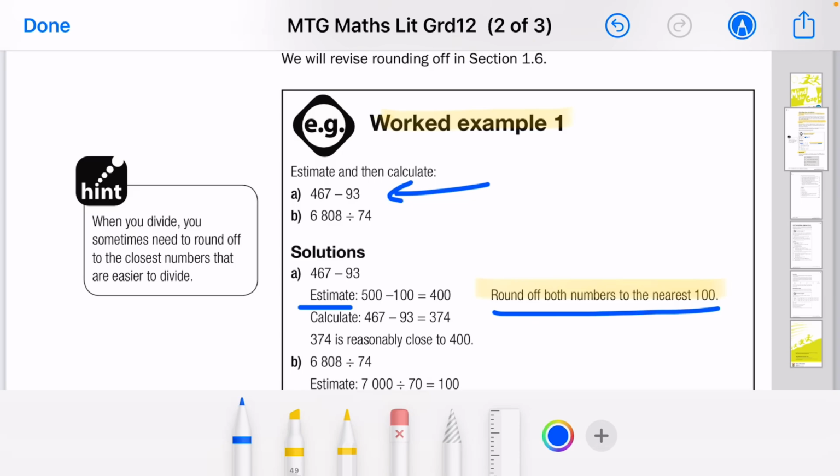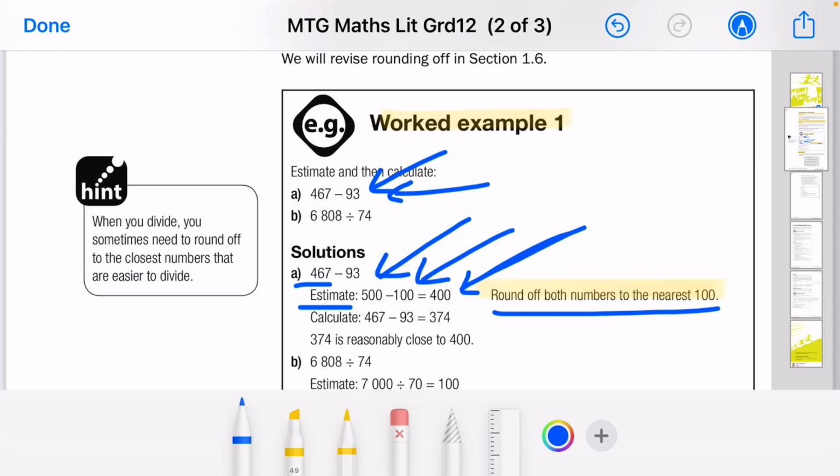For 467, rounding it off to the nearest 100 is 500. 93, ladies and gentlemen, is 100. So 500 minus 100 is equal to 400.